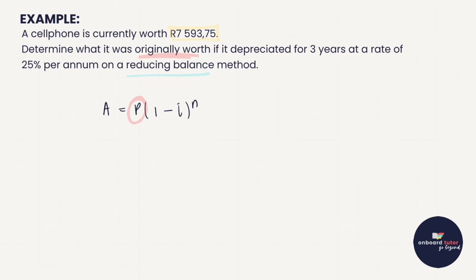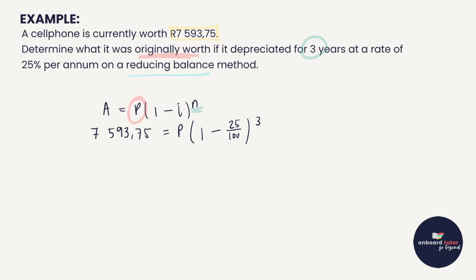If it depreciated for 3 years, so there's 3 years for the n, at a rate of 25%. Now I know what to fill in where. My 7,593,75 is what it's worth now, equals P, which we don't know, times (1 minus the interest rate there, 25%) to the power of 3.